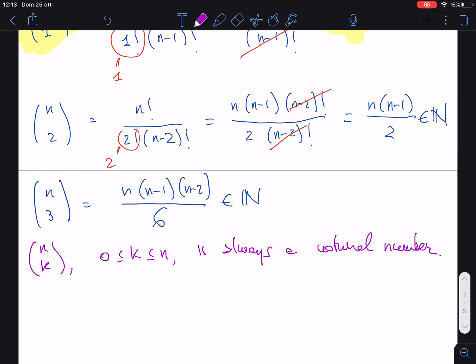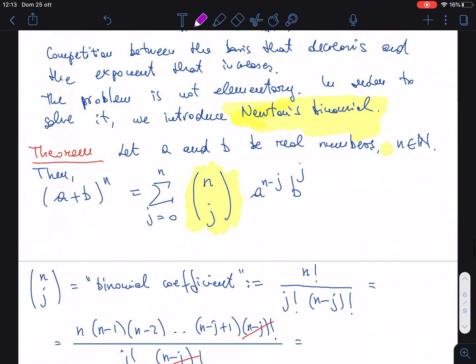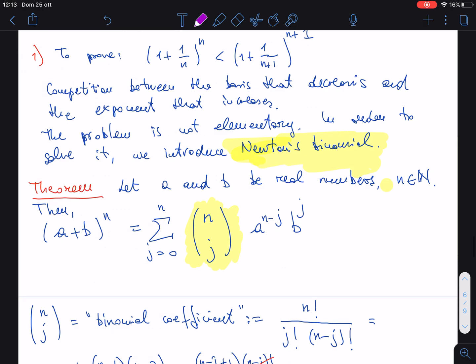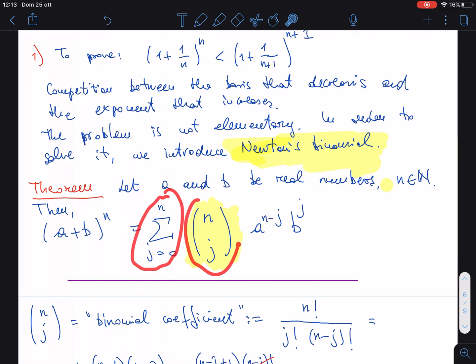So I invite you to do simple computations in order to get acquainted with Newton's binomial. And now I go back to the theorem, because the theorem says a very important thing. The important thing is that you can develop in a form which seems to be complicated, because here there is a sum and there is a binomial coefficient.